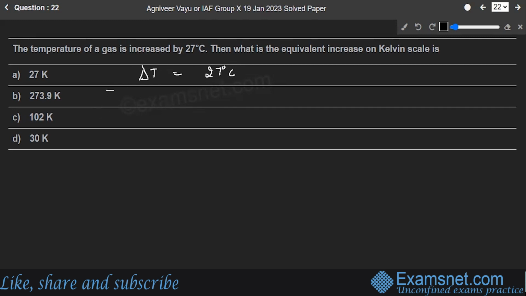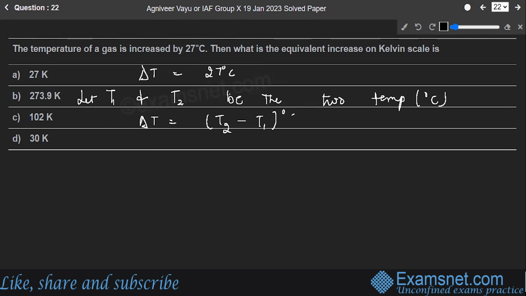Let T1 and T2 be the two temperatures in degrees Celsius. Therefore, delta T is equal to T2 minus T1 in degrees Celsius. Now, this same thing on the Kelvin scale: to change degrees Celsius into Kelvin, we just add 273.15 to it.